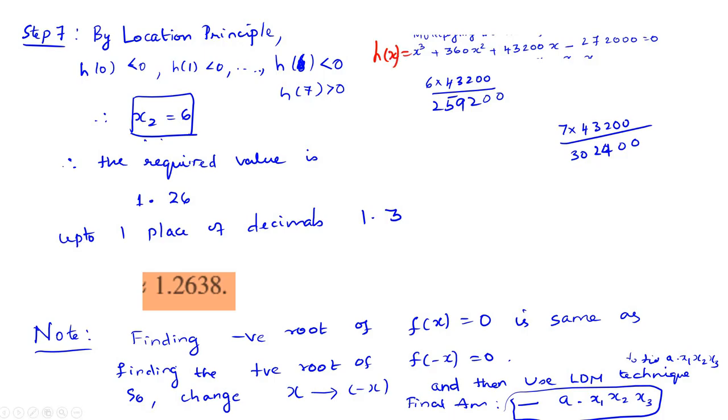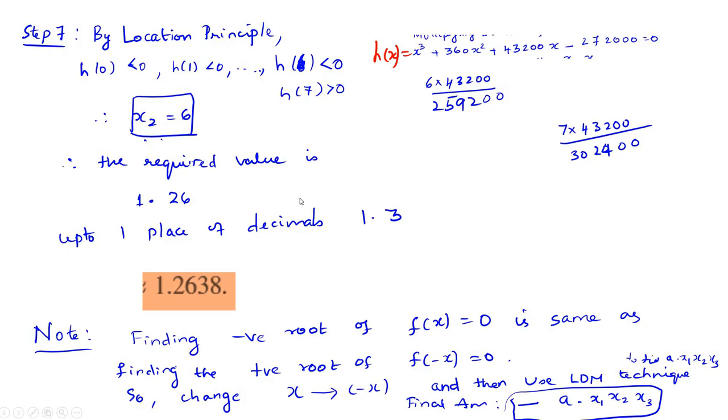On this, replace x by 0 negative, x by 1 negative, h of 6 up to that it is negative, h of 7 shows positive. So that means there is a root lying between 6 and 7. So x2 was taken as 6.